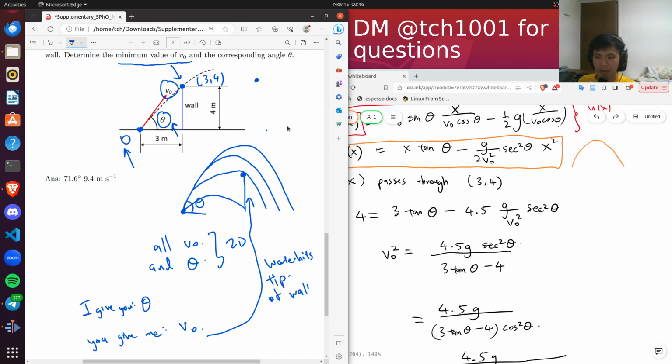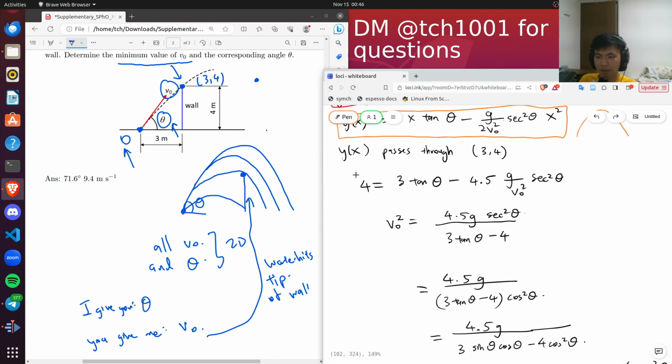So in this case, if we substitute in 3, 4 into the equation, we get this as a constraint on theta versus v naught squared. And rearranging it, I'm going to rearrange it such that we have v naught in terms of theta, where theta is this thing over here.